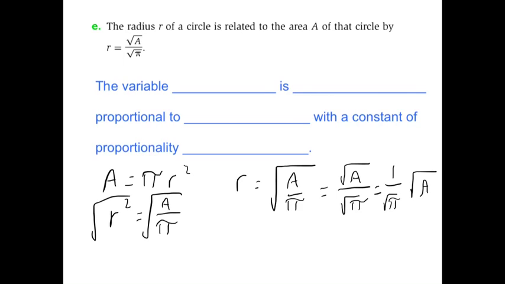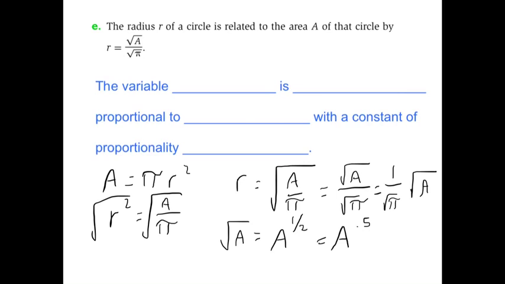Now the square root of A is just an exponent, so this fits with our power model of direct variation. The square root of A is the same as saying A to the 1/2, or A to the 0.5 if you prefer.